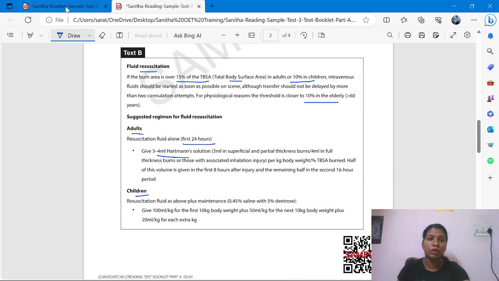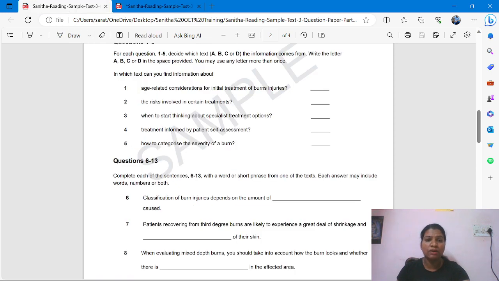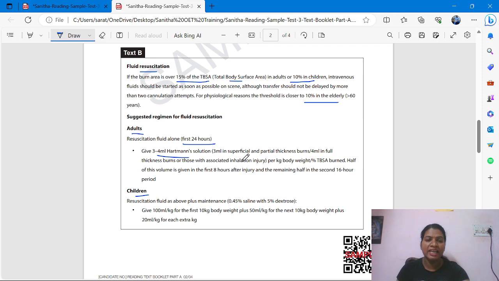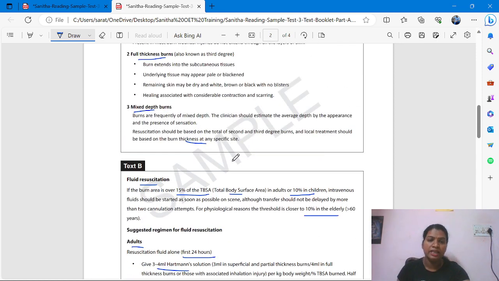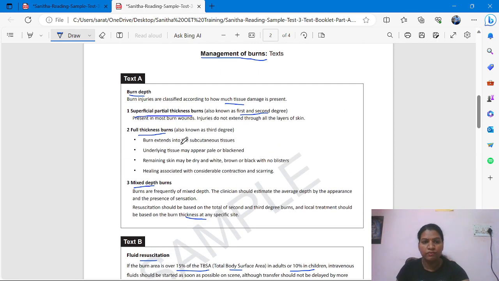What is the question here? Age related considerations for initial treatment of burn injury. You have to underline the keywords. If there is any age related information given in this paragraph, you have to find it.